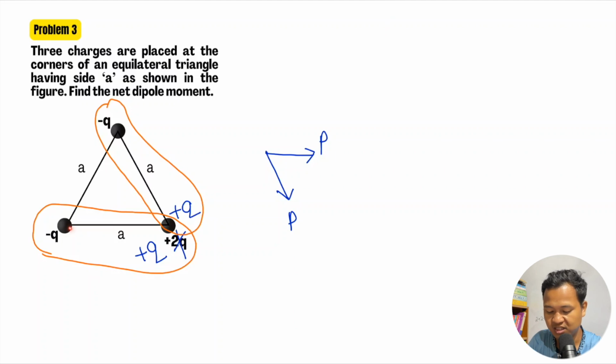The angle between them is 60 degrees, because we take this from an equilateral triangle.